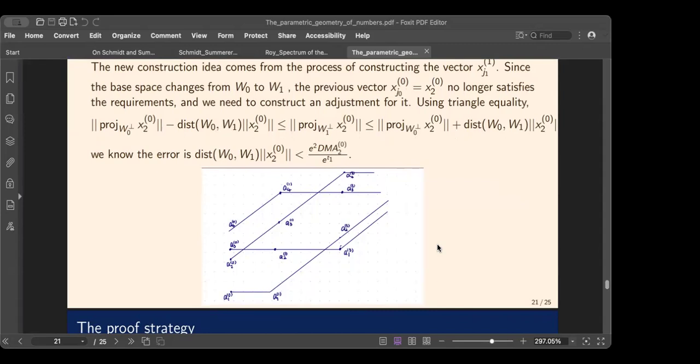It just affects the xgi's, the value around xgi. It doesn't affect the distance between wi and wi minus 1 or wi plus 1.